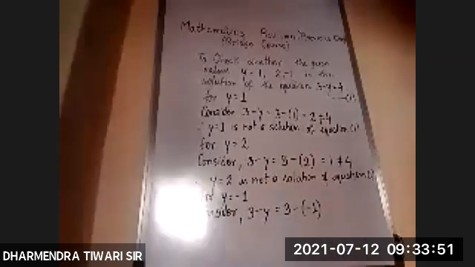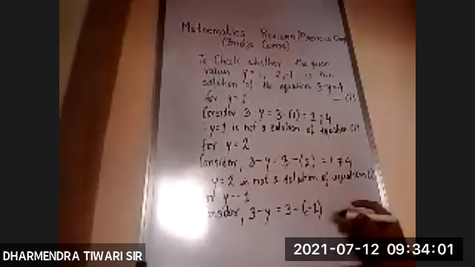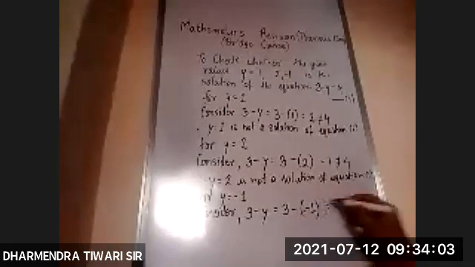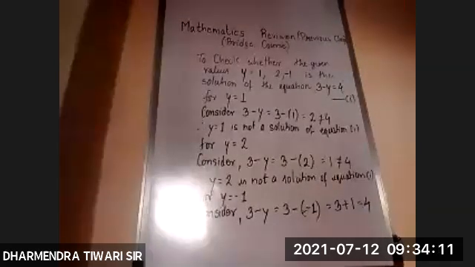Take care and make sure that you substitute the value properly, so it won't create any problem. What is our understanding regarding minus minus? Minus minus becomes plus, so write 3 plus 1. After substituting the value -1, we got 3 plus 1, and 3 plus 1 is nothing but 4.